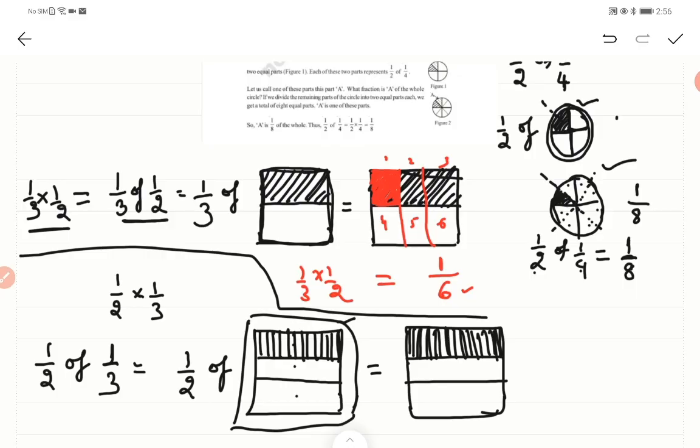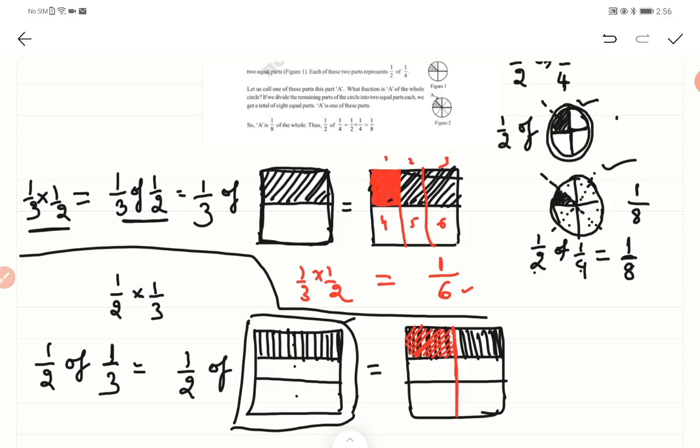It is divided into 2 parts. So like this you will divide each region into half. One is shaded, isn't it? So this will be your shaded part.